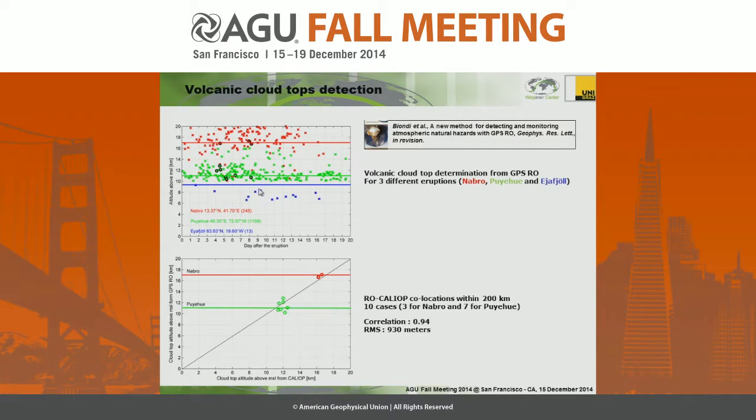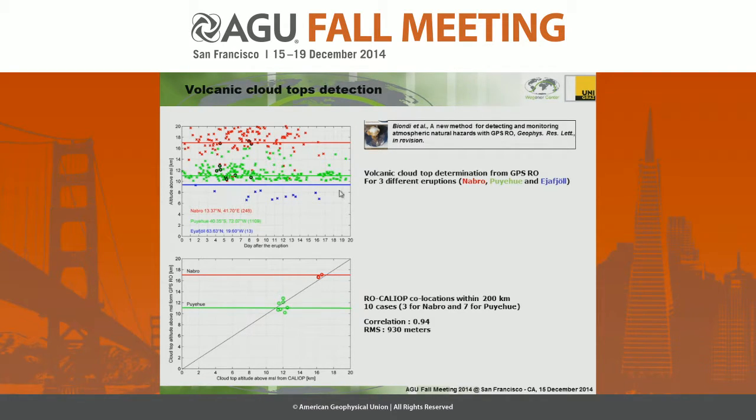But unfortunately, since it was not that large, we didn't get so many collocations. So in case of Nabro, we got 240 and something collocations, for Puyehue more than 1,000, and for Eyjafjallajökull just 13.